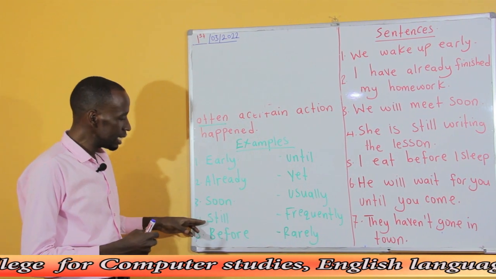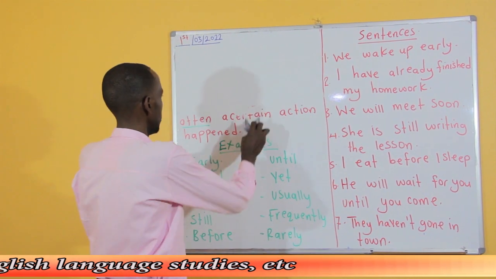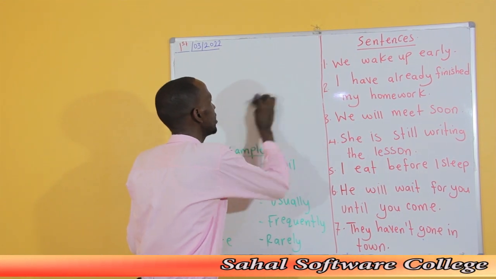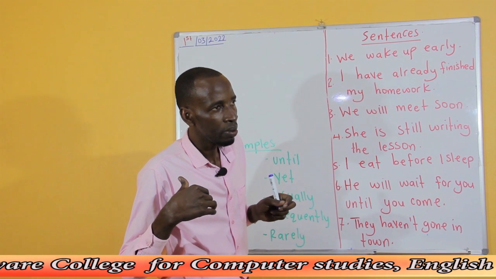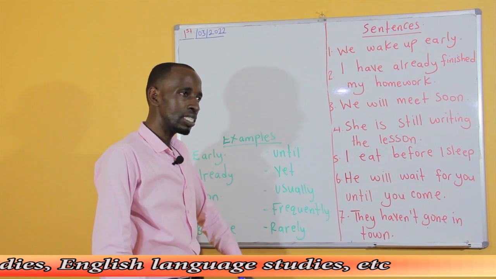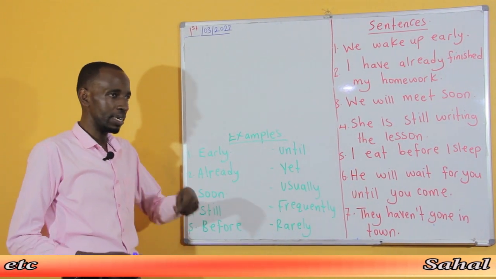Now, still is also very important. It's very, very important because it shows that the action is not yet completed. Hello, where are you? I am still in Uganda. It means you haven't gone from Uganda. You are still there.